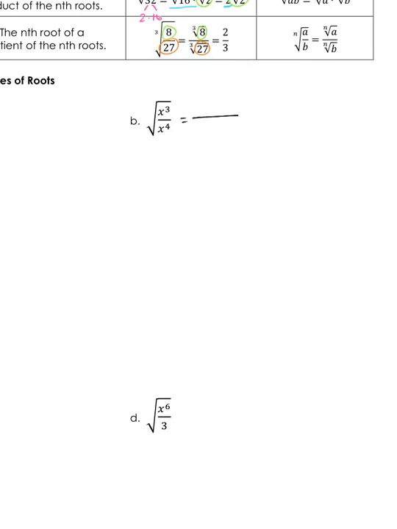Over here, remember if there's not something written, it's an understood 2, which you can write or you don't have to, because we've been writing square roots without the 2 for quite some time. So this is going to be the square root of x cubed over the square root of x to the 4th.